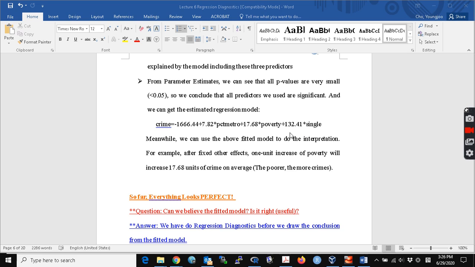And then for single, for example, after fixing the other covariates, PCT metro and poverty, a 1 unit increase of single leads to an increase of 132.41 units of crime on average. So more single means more crimes.